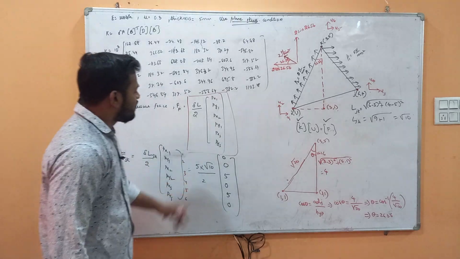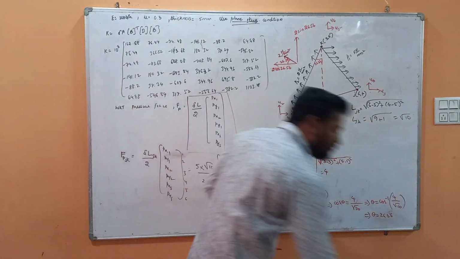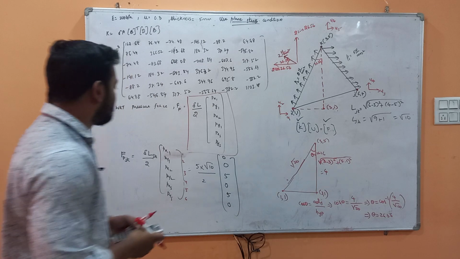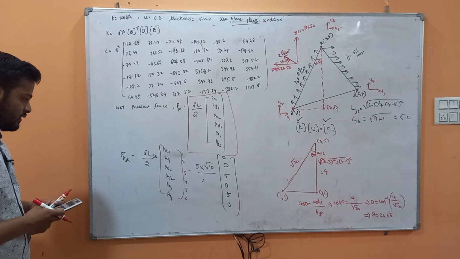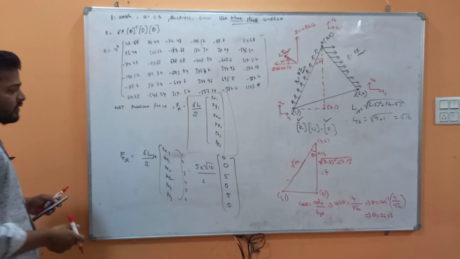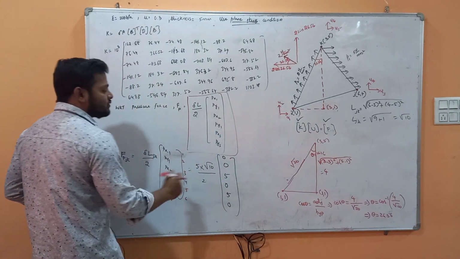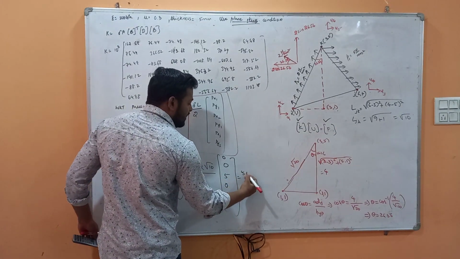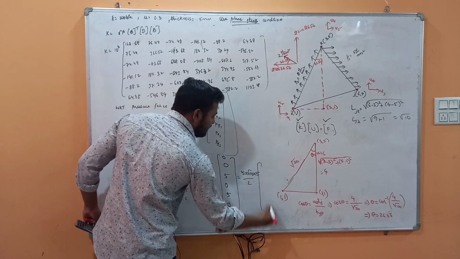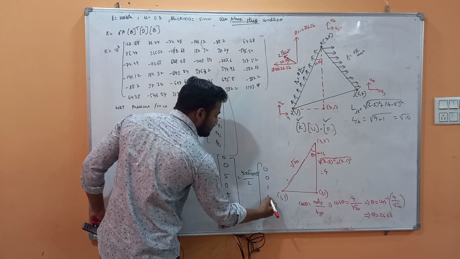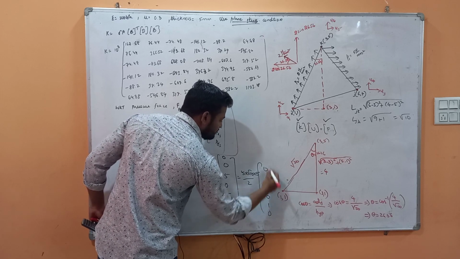So we got this value, 5 into root 10 by 2. We can find this value in the calculator. We can take this 5 common, so it comes outside: 5 into root 10 into 5 by 2. What will remain inside is 0, 0, 1, 0, 1, 0.